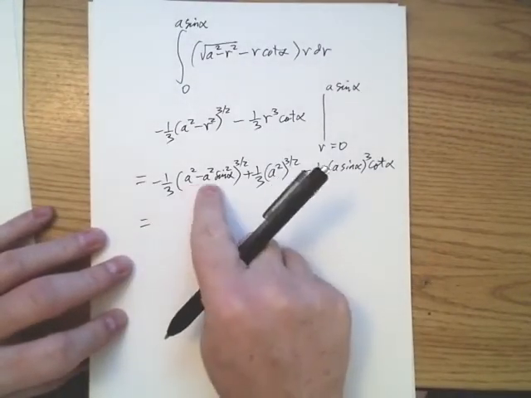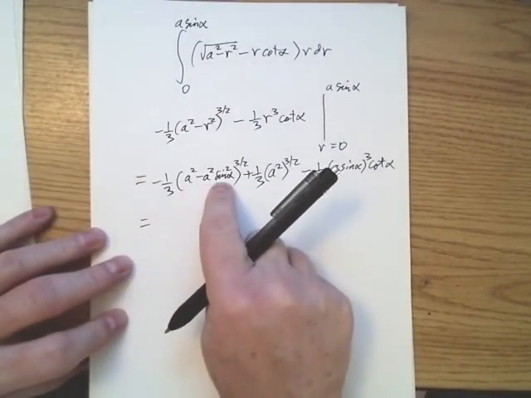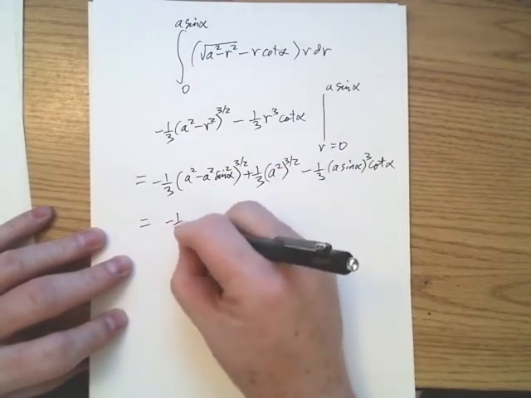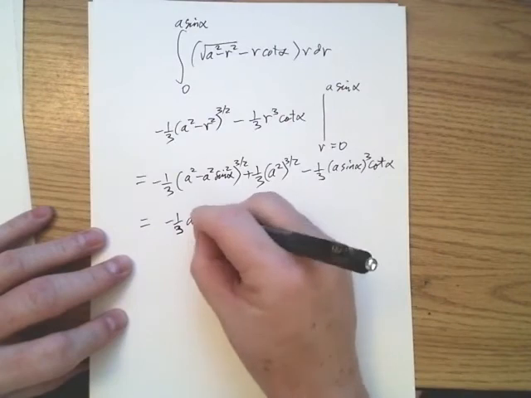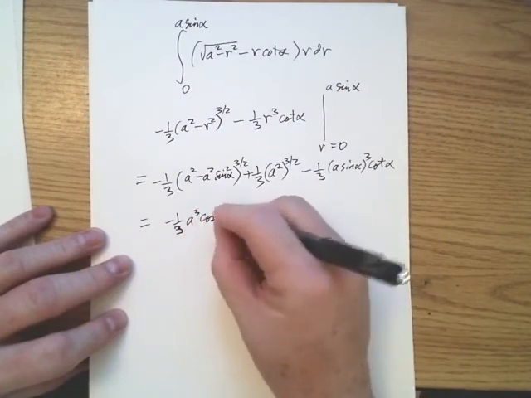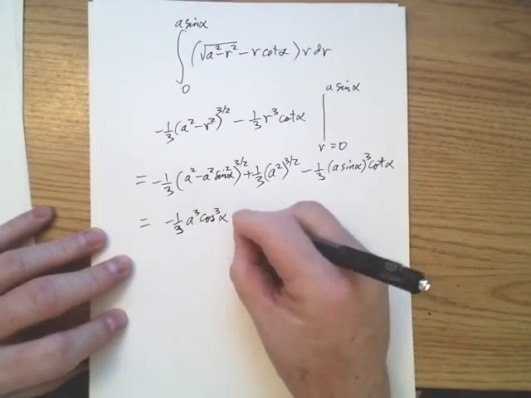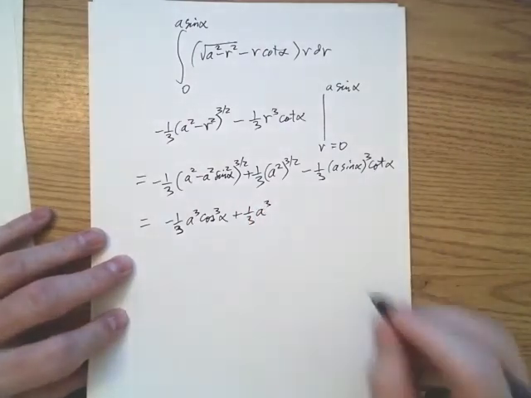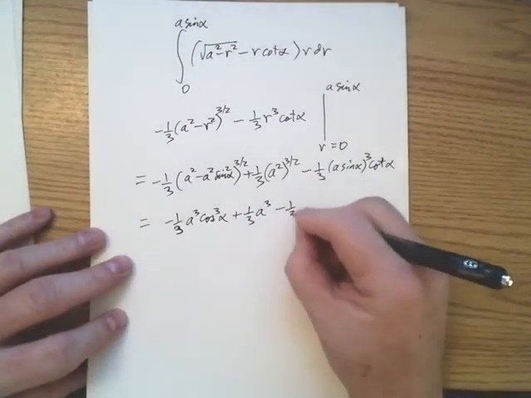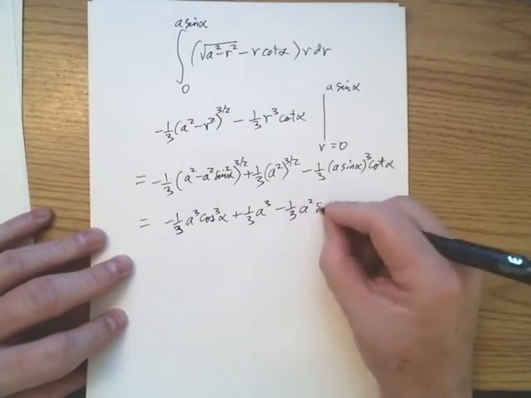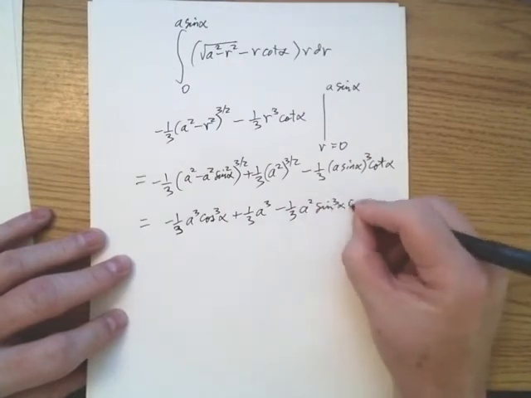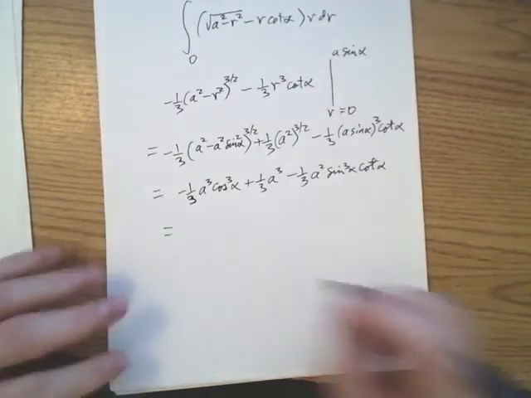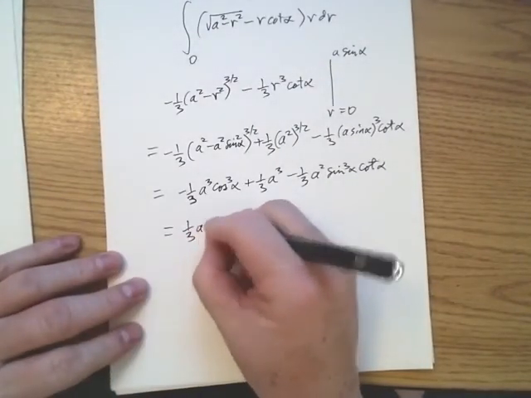Let's factor out the a squared. I've got 1 minus sine squared is cosine squared. So if I raise that to the 3/2 power, I would get a cubed cosine cubed alpha plus 1/3 a cubed minus 1/3 a cubed sine cubed cotangent alpha. Take the 1/3 a cubed out of everything.